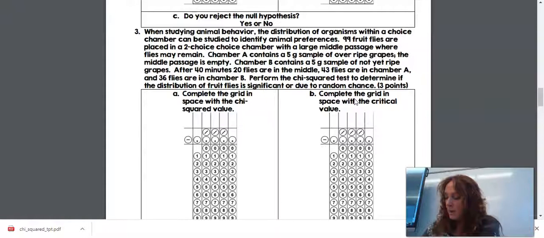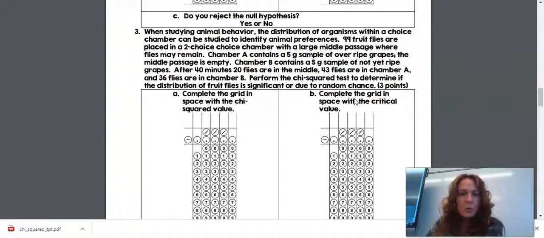So these are ripe grapes in A, and then not ripe grapes in B. The choice chamber has a large enough middle passage where the pill bugs can remain.